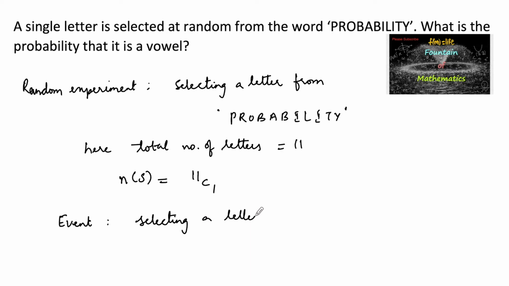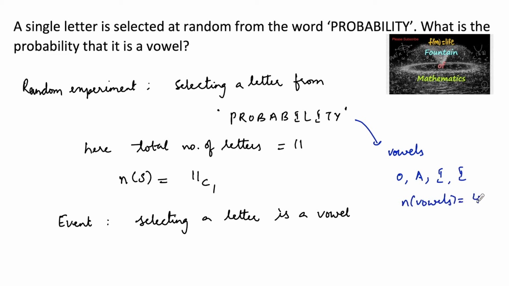So among the letters of probability, there are certain vowels: O, A, I and I. So number of vowels is equal to 4. So selecting a letter is a vowel.